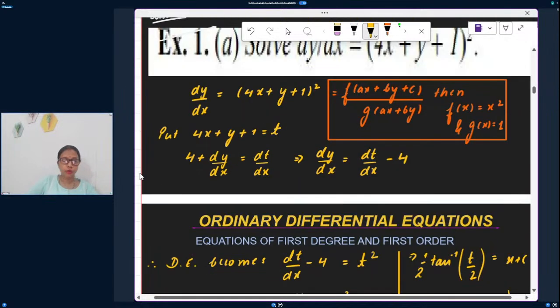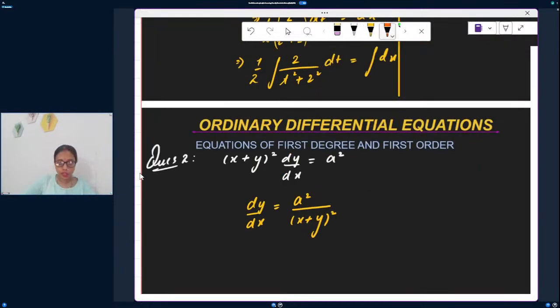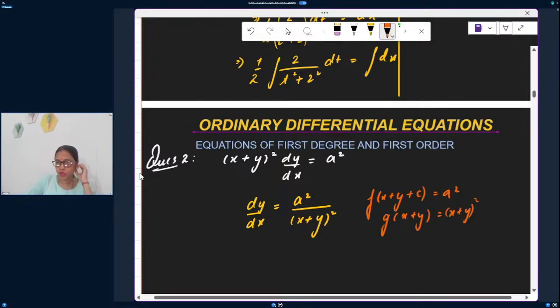First of all, the comparison is not very difficult. I can assume this to be a square: f of ax plus by plus c is a square, and in this question g is just x plus y, because g of x plus y is (x plus y) whole square.